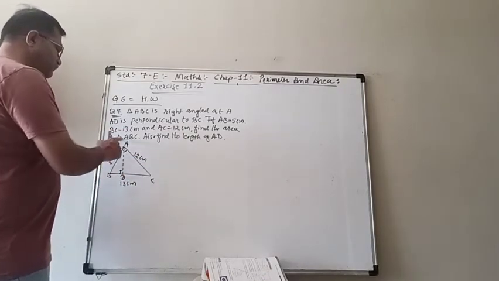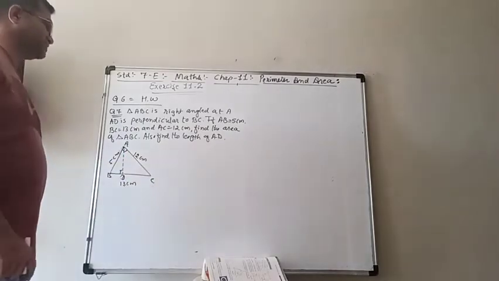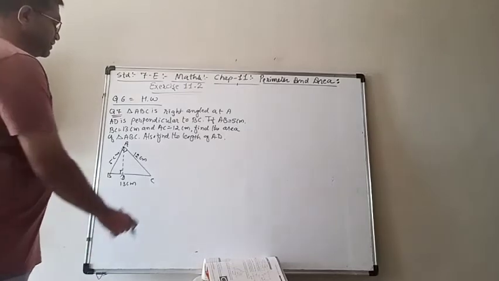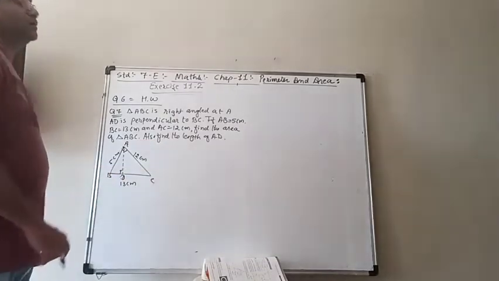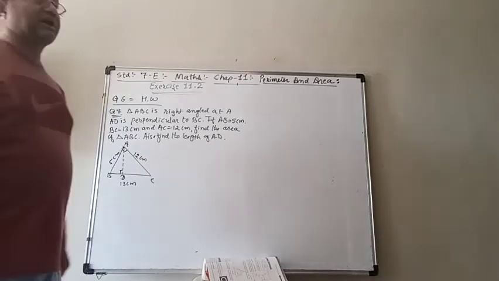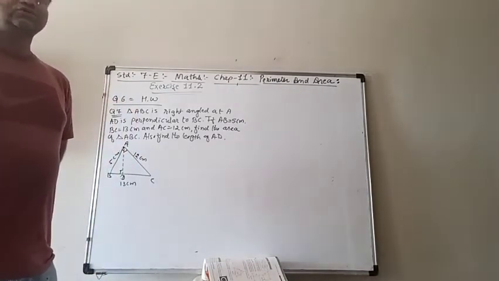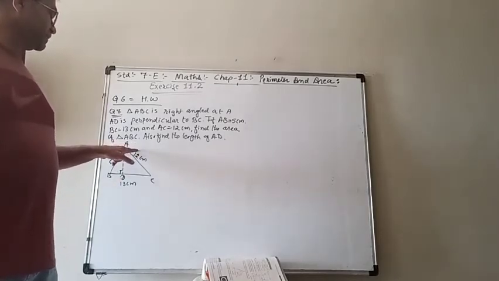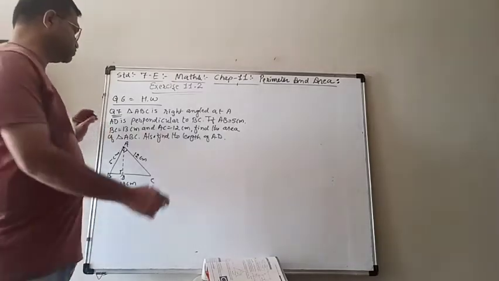Now AB is equal to 5, BC is equal to 13 centimeter, AC is equal to 12 centimeter. First we have to find the area. Now that day we saw that when it is a right angled triangle, then the area is the two sides which are making the right angle, the product of that multiplied by 1 by 2.